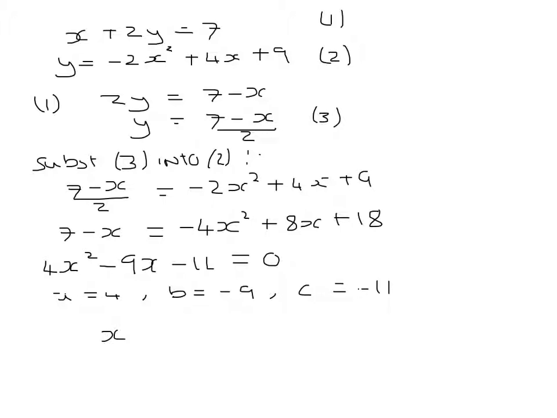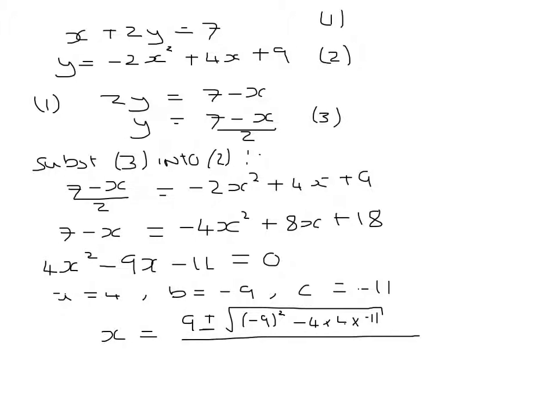So using the quadratic formula we get x equals minus b, so that becomes 9, plus or minus the square root of negative 9 squared, not forgetting to put the negative 9 in brackets, minus 4 times 4 times negative 11, all over 2 times 4.